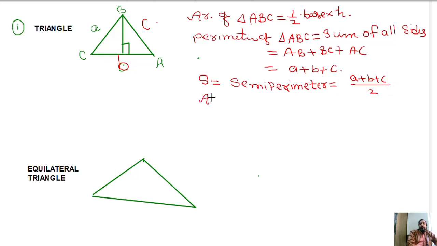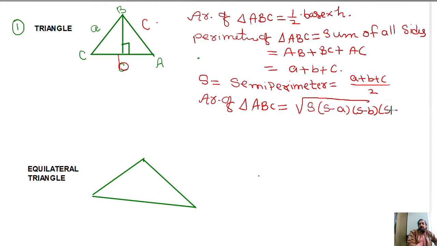Now coming again to the area of triangle ABC using Heron's formula: it is equal to under root of s into s minus a into s minus b into s minus c. It's very, very important.